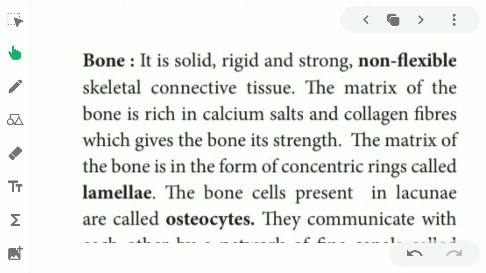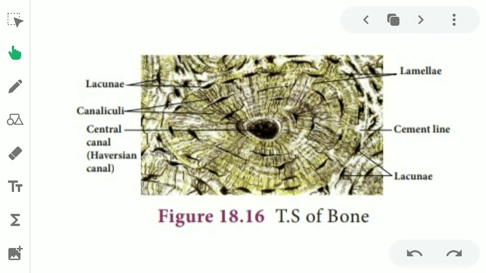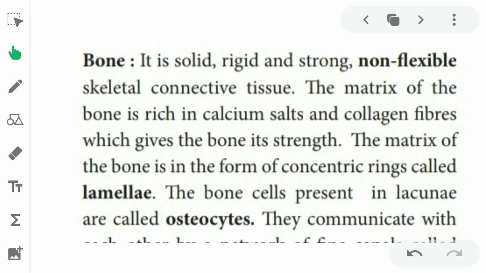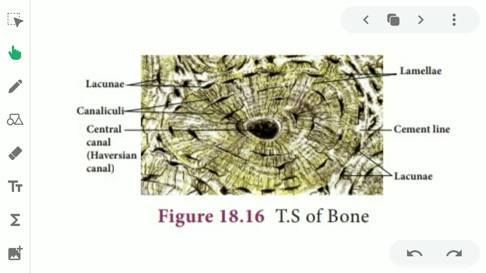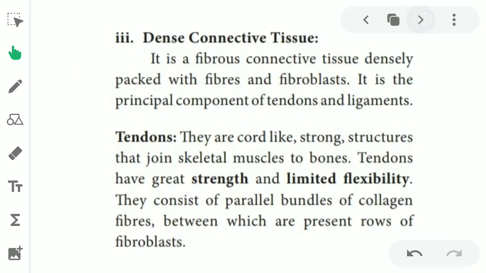Then the lacunae in bone contain osteocytes. The osteocytes communicate with other cells through a network called canaliculi, connected with the other tissues.